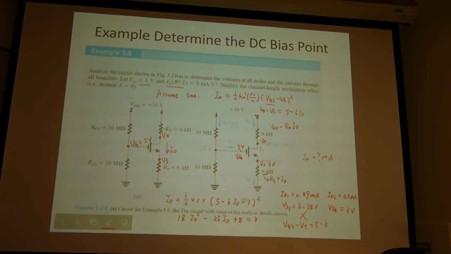And what is VDS? Here you can also plug the ID 0.5 milliamp into this VD. So this VD will be 10 minus 3, so you will get 7 volts for the VD. Then VDS will be 7 minus 3, so VDS is 4 volts.